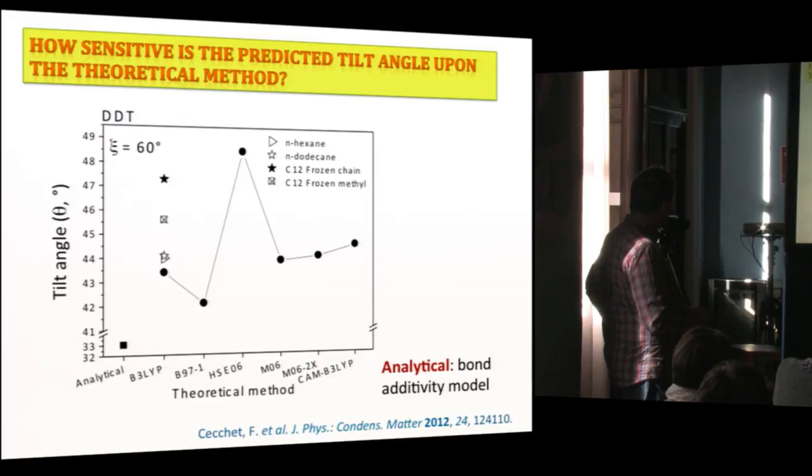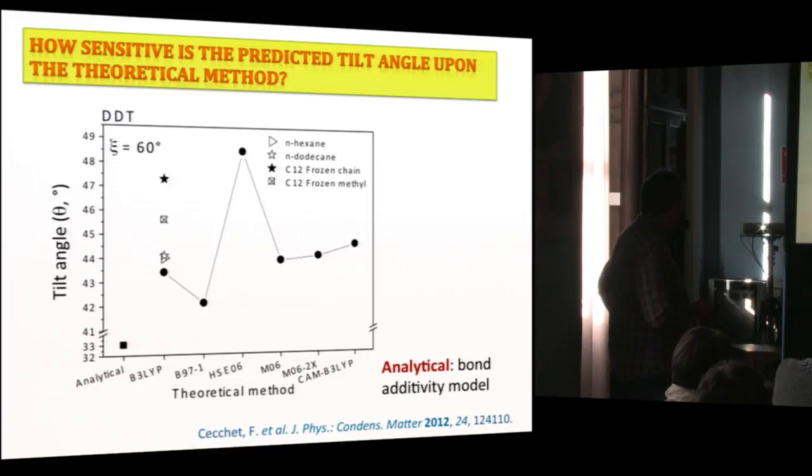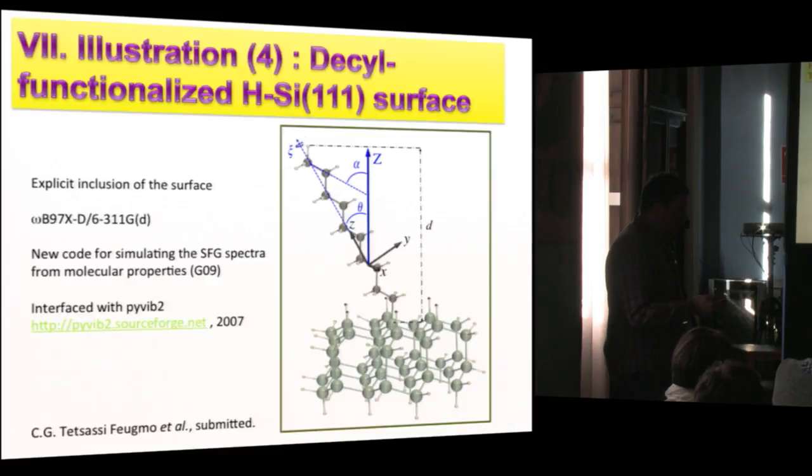The second thing that we did was to look at different functionals, and again, we did not find any good reason not to use B3LYP. The only difference is obtained with the HSE06 functional, but you see that on this scale you do not have a large variation, only 5 degrees.